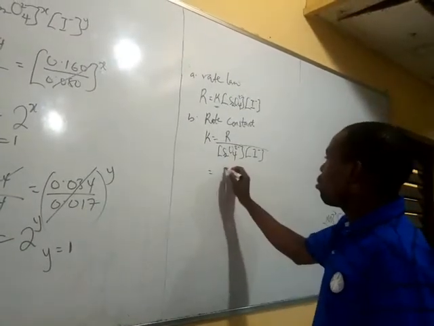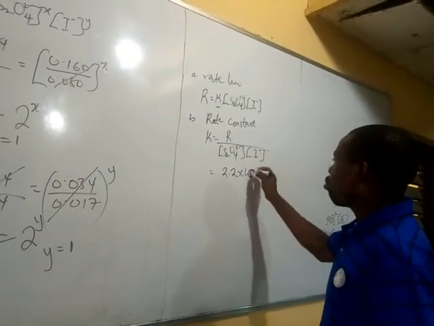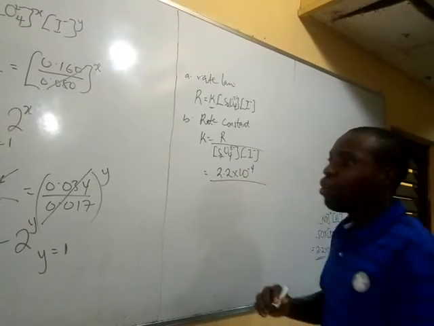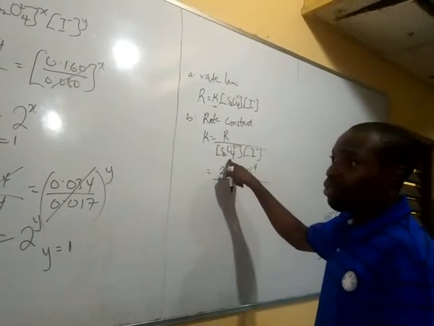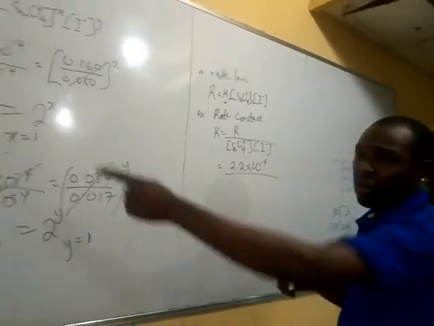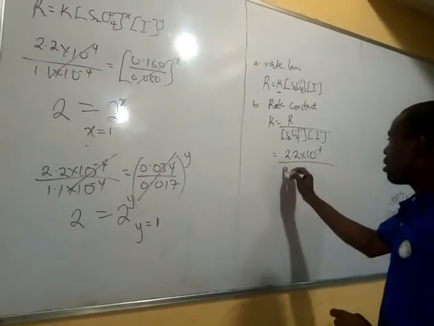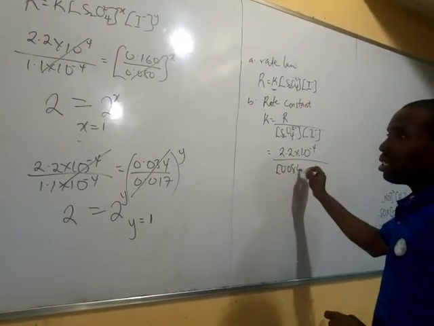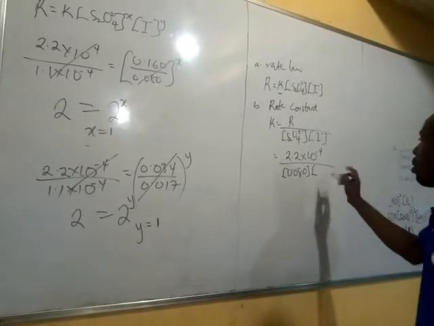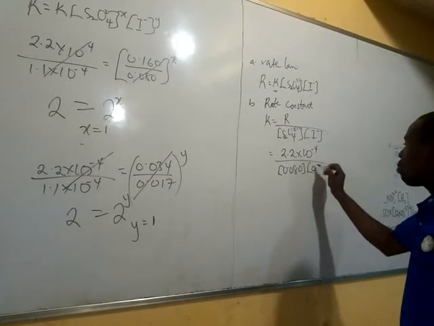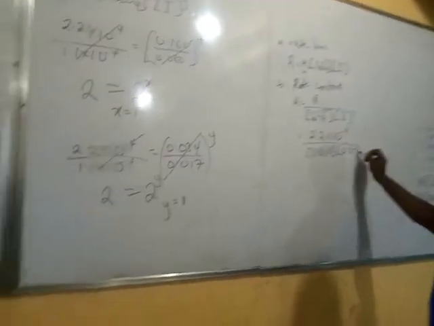So it will be 2.2 times 10 to the minus 4 all over the concentration of S2O8 from the given data, which is 0.080, and that of the iodide ion is 0.034.